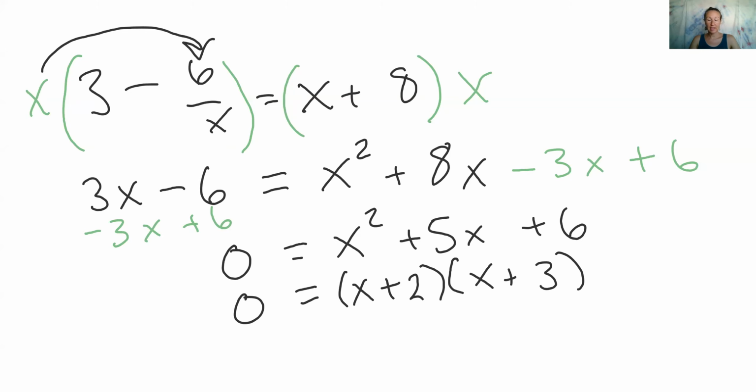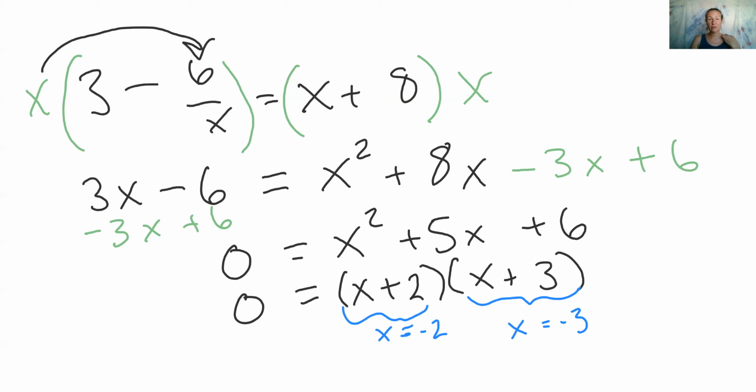They add to 5 and multiply to 6. So now in this quadratic scenario, if either one of those 2 factors is equal to 0, it will make our equation equal to 0. This first factor will be equal to 0 when x is -2. So that's one solution. Oops, x equals -2. And the second factor will be equal to 0 when x equals -3. Okay.